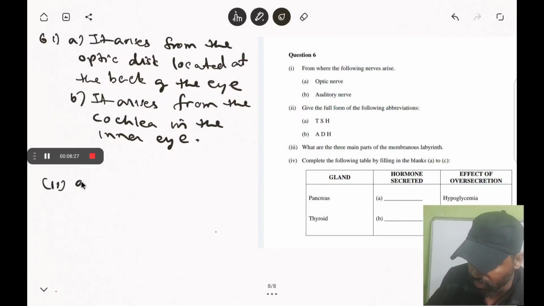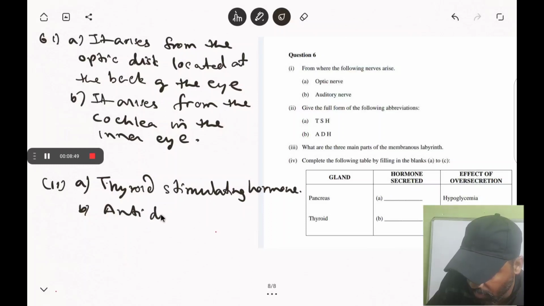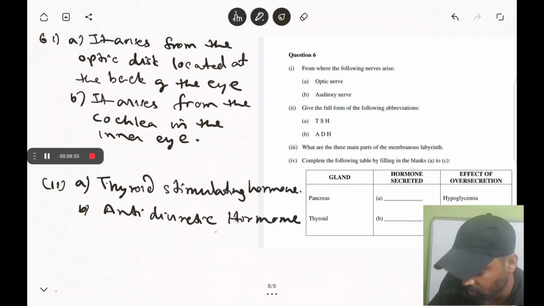Number 2. Just now I told you TSH, thyroid stimulating hormone. They have asked for the full form. So it is thyroid stimulating hormone. Okay, and ADH, antidiuretic hormone. Yes or no? Done.